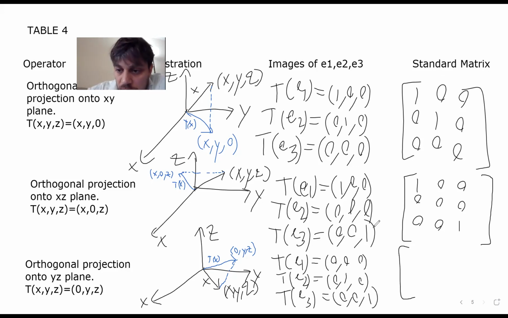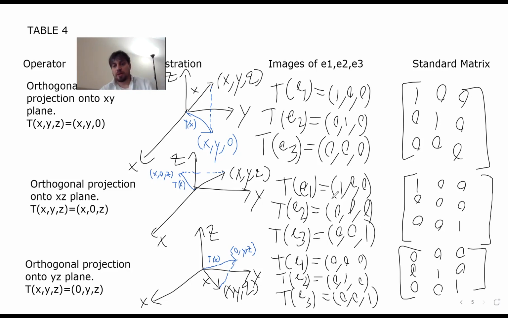And so those are the images under T of those 3 vectors. So you have 0, 0, 0, 0, 1, 0, 0, 0, 1. Those are the 3 columns that form the standard matrix for the orthogonal projection onto the yz plane. Okay, so you have those 3 corresponding standard matrices.